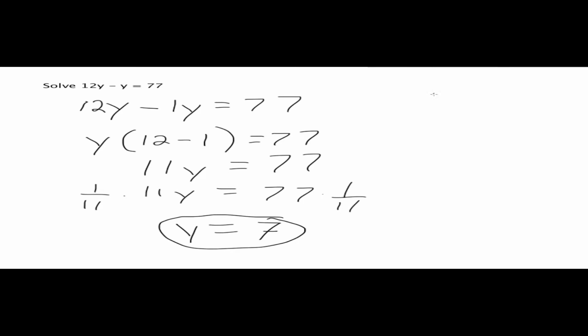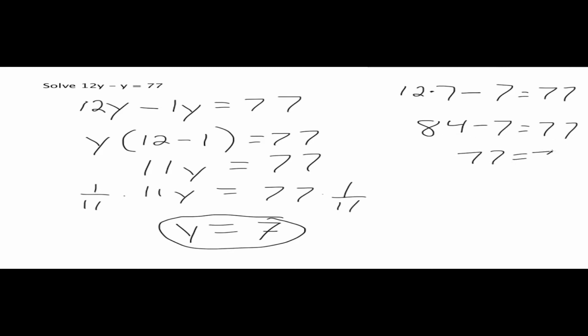We can check that real quick. 12 times 7 minus 7 equals 77. 12 times 7 is 84, minus 7 is equal to 77. 84 minus 7 is 77 equals 77. It checks. So that's a quick check.